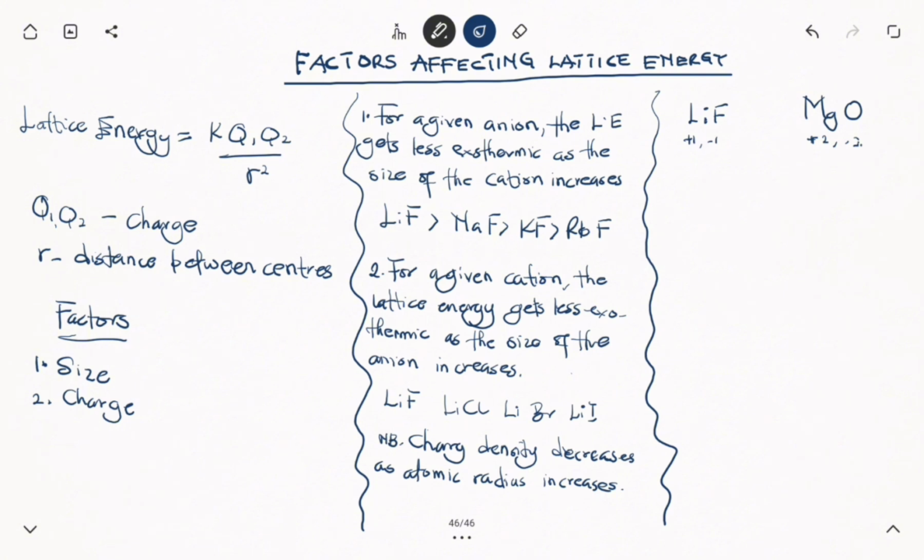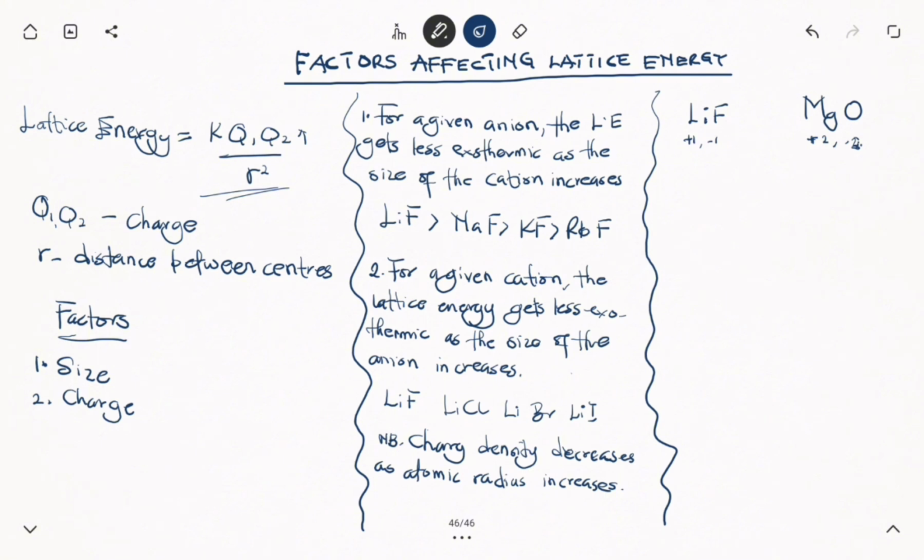So if we go back to the formula, you'll notice that the charges are in the numerator, so as the charges are increasing, the lattice energy is also going to be increasing. So between lithium fluoride and magnesium oxide, we can clearly tell that magnesium oxide is going to have a higher product of the charges compared to lithium fluoride.